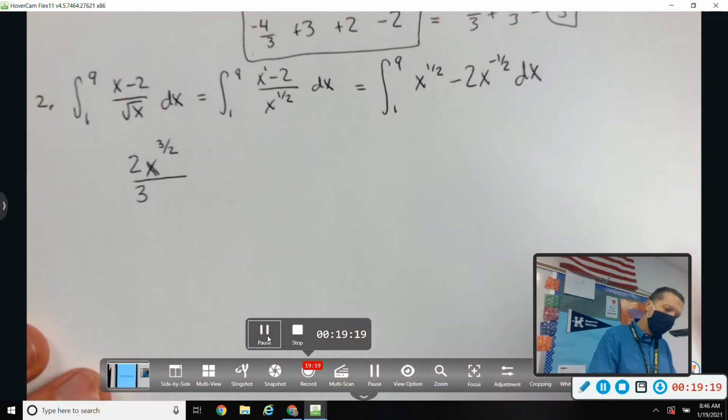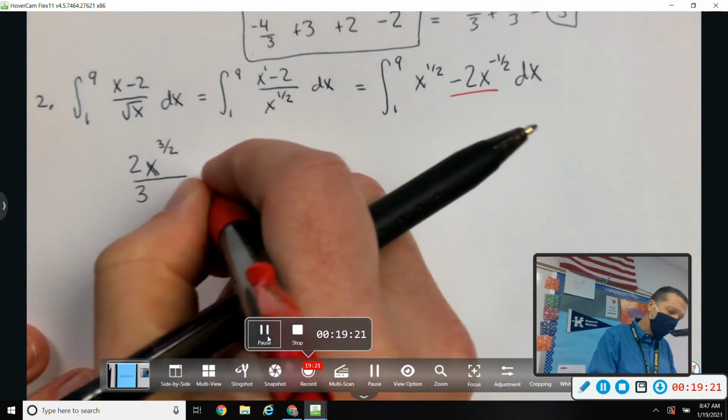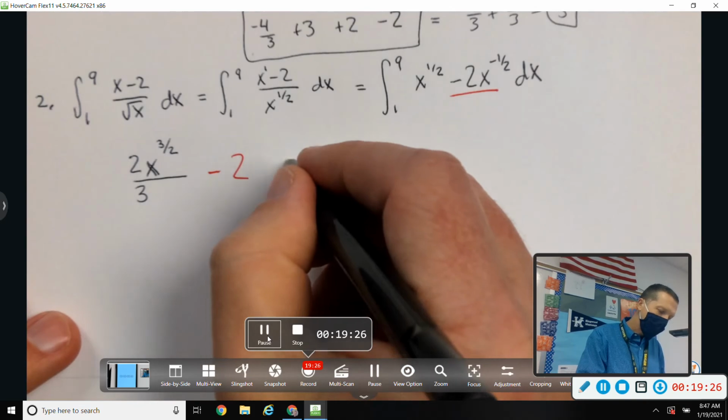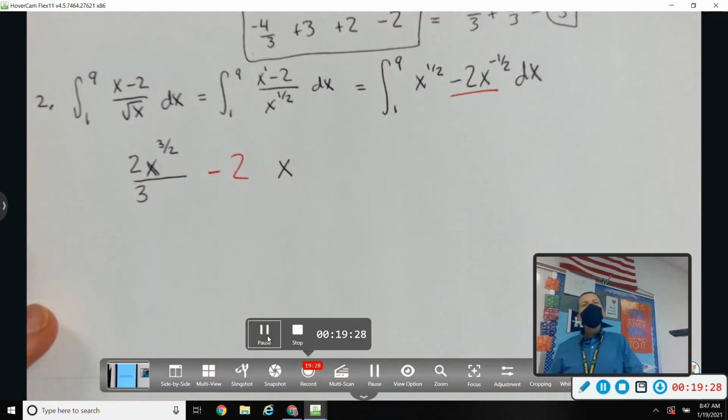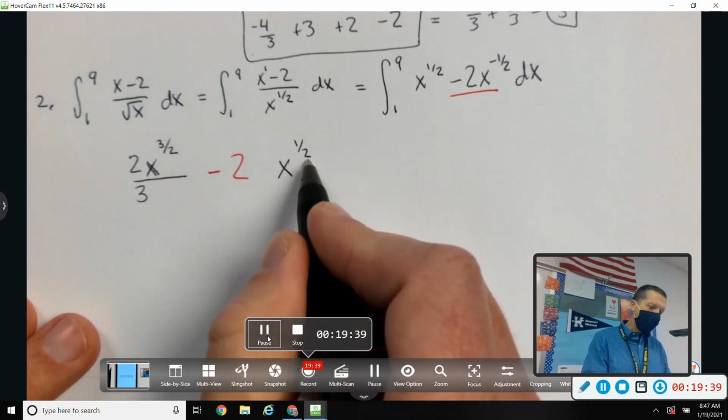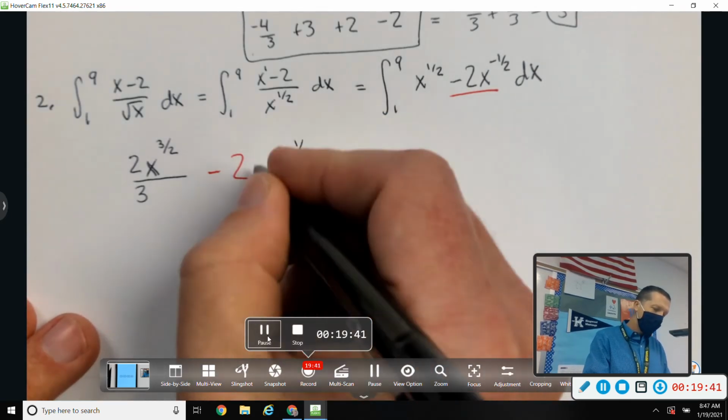All right, the second piece is going to leave the minus 2, and maybe it gets altered here in a minute. If I add 1 to negative 1/2, I get a positive 1/2. And I need to divide by the new power. But I don't want to divide by 1/2.